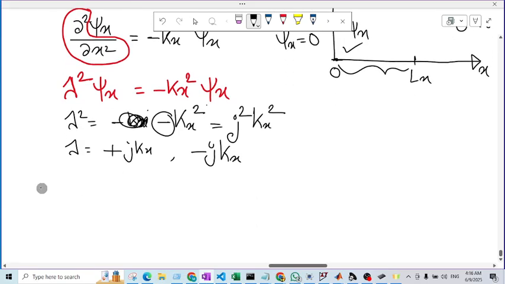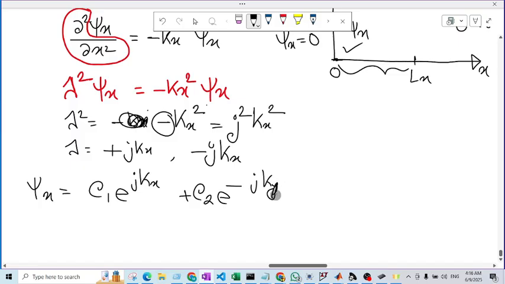Okay, so let me write psi x is equal to c1 e to the power jkx plus c2 e to the power minus jkx.